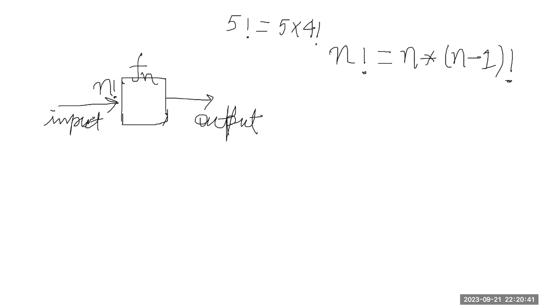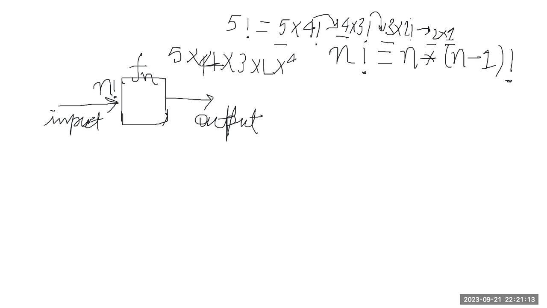And this 4 factorial is 4 into 3 factorial. This 3 factorial is 3 into 2 factorial. And this 2 factorial is 2 into 1. And finally, we are multiplying all these things: 5 into 4 into 3 into 2 into 1.